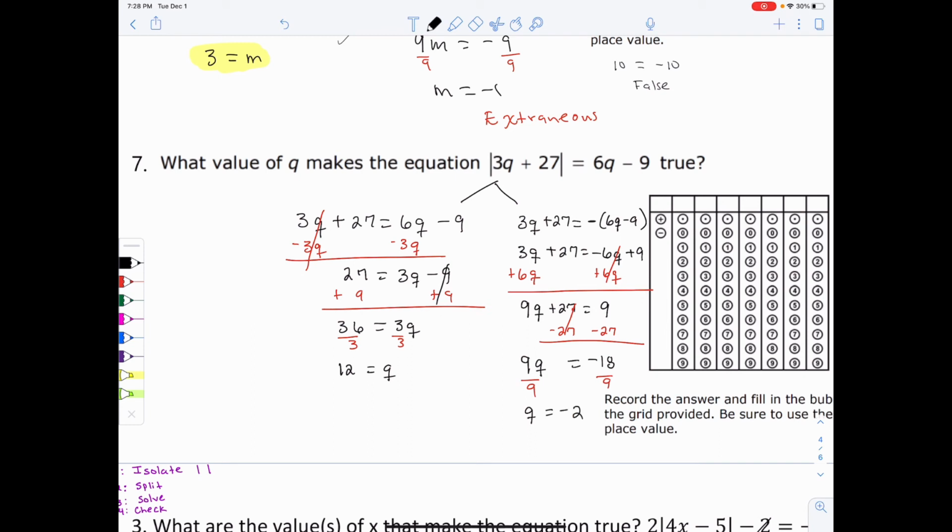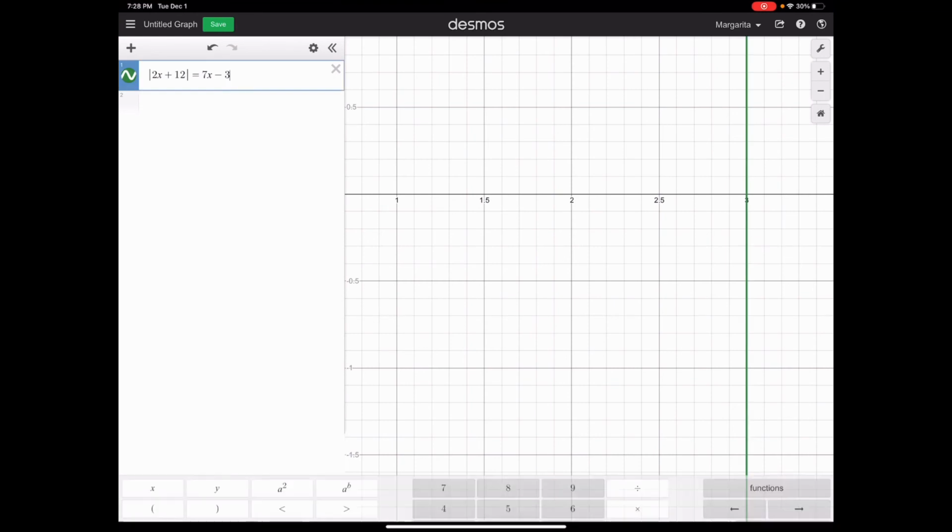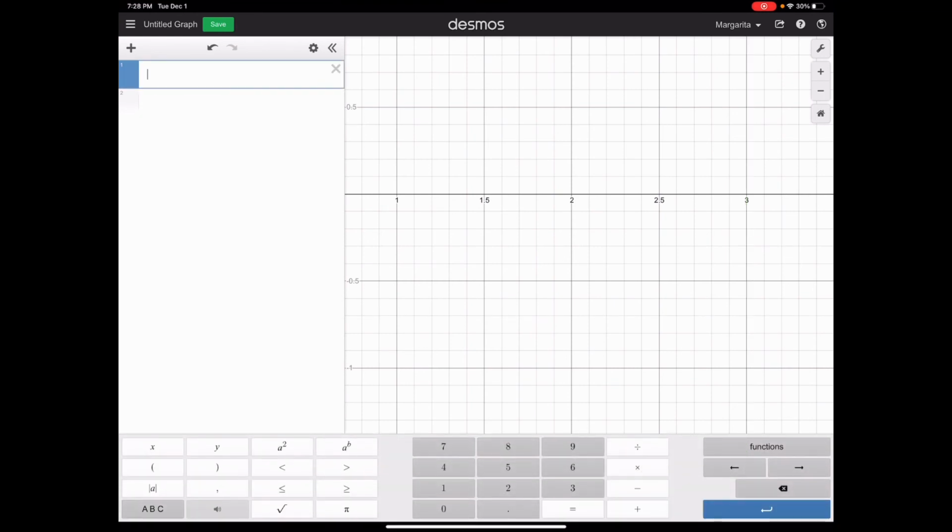All right, so which one of these is the real solution? You can do a quick check by plugging in, but let me take the easy way out and just plug it in Desmos. The numbers are a little bit larger, but it's doable.